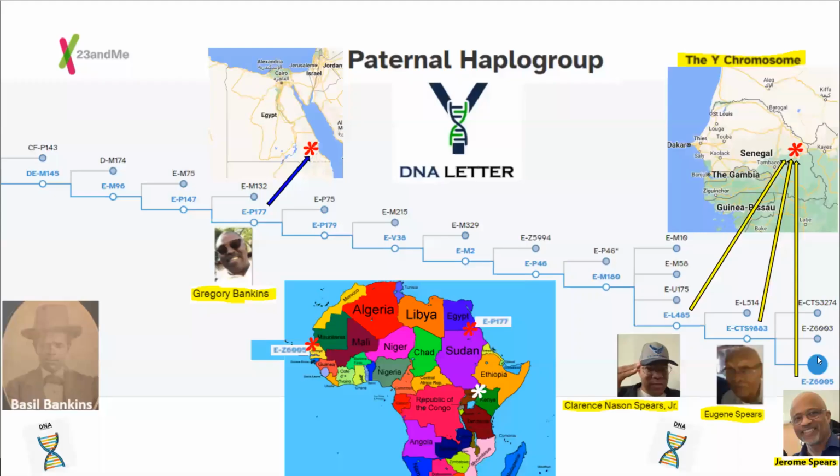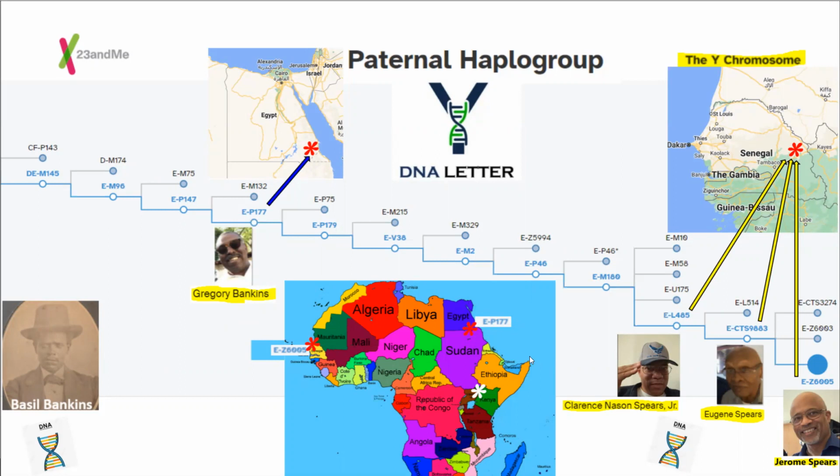To look at Y-DNA in general, we were successful in using Y-DNA to look at Basil Bankins, for example. We have Greg Bankins, a direct male descendant from Basil Bankins. We were able to take the Y-DNA test on him and got an answer of EP177 for his haplogroup, which ends up locating, at least for some period of time, in the Upper Nile region of Egypt. And so again, good information to know about some of the origins of Basil Bankins.